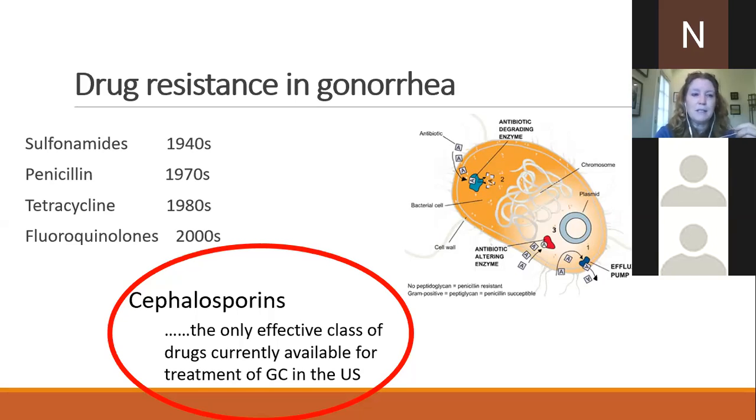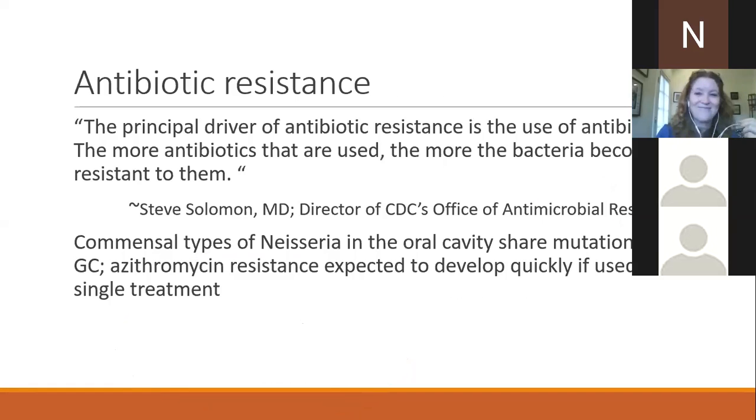In the 2000s, we could no longer use fluoroquinolone. So where we are with gonorrhea treatment is that there is only one type of drug that is currently available for this treatment, the only one that does the best job. It's called cephalosporins.